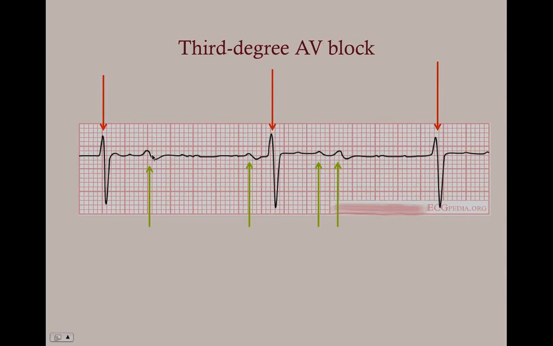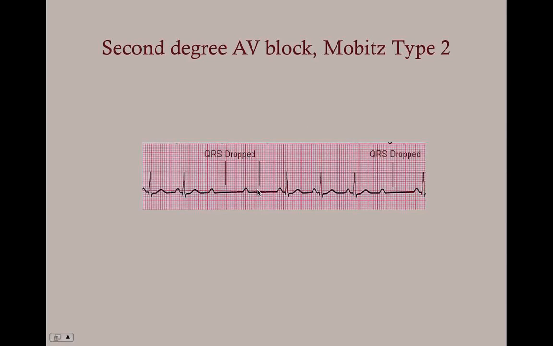You have a P wave with no QRS complex, but the reason that this is a third-degree AV block is that there's no association at all between P waves and QRS complexes. Whereas in your second-degree Mobitz type 2, you do have an association with your P wave and QRS complexes, but you have regular dropped QRS complexes.